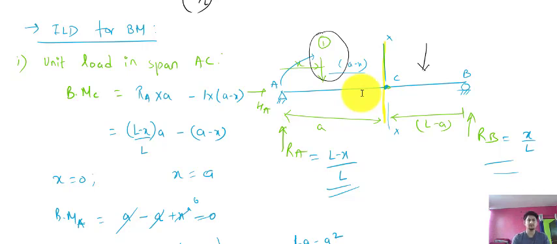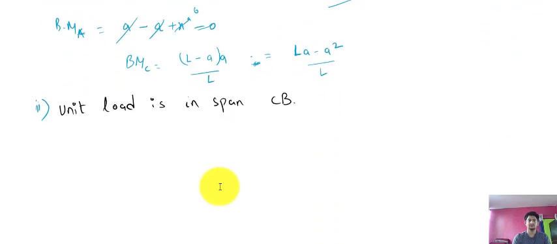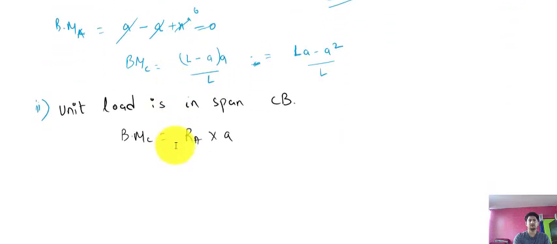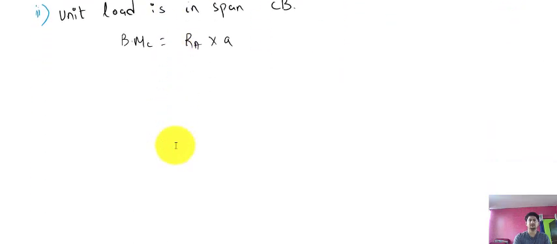So the bending moment equation at C you can write down as RA into the distance A. This unit load has crossed this point, so there will be no part of that. So RA into A, where RA value is (L minus X) upon L.